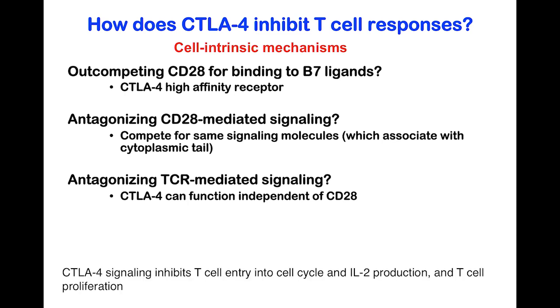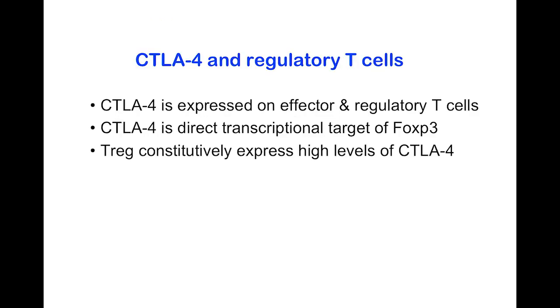So there's a bit of a yin-yang, whereas CD28 can promote entry into a cell cycle and IL-2 production, CTLA-4 inhibits entry into the cell cycle and inhibits IL-2 production and T cell proliferation. But CTLA-4 is not only expressed on naive cells that become effector cells. CTLA-4 can be expressed on these regulatory T cells.